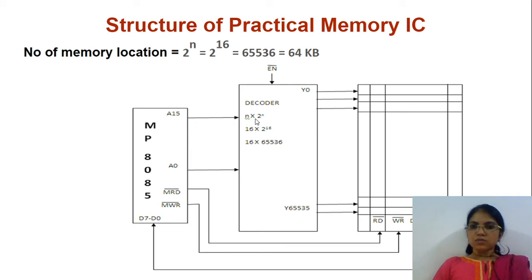According to that, Y1 is activated, and Y1 is connected with the second row of the flip-flop matrix, meaning we are selecting the second memory location, which has the address 0001H.